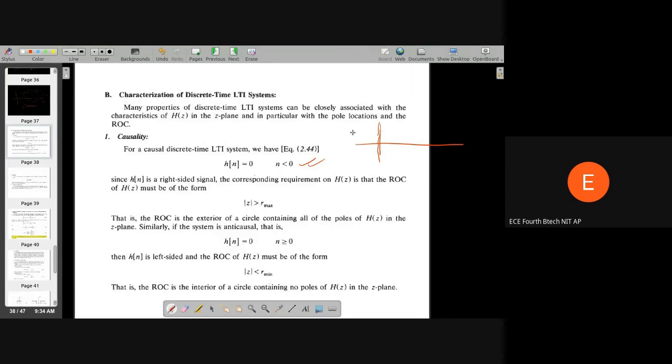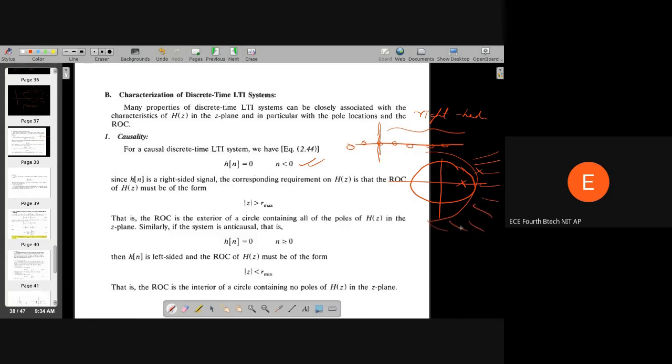So for n less than zero, there is nothing. Only for n greater than or equal to zero, there are some values. Rest are all zeros. So this is what is called right-handed or right-sided signals. And what will we have? Whatever is your largest pole, the ROC will be outside of that largest pole.